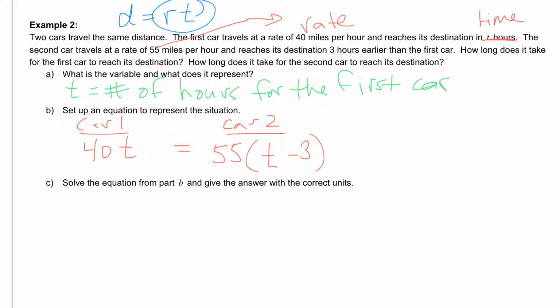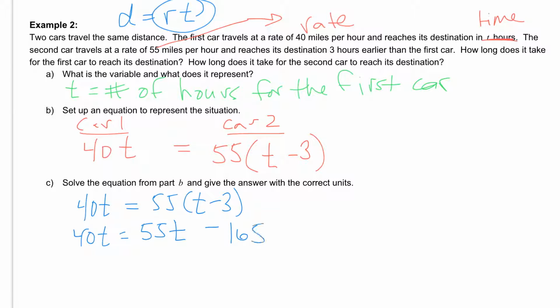Now we can go into letter C and solve our equation. We have 40t equal to 55 times (t minus 3). I'm going to distribute that 55 on the right-hand side to get 55t minus 165. Then I have my t's on opposite sides, so I have to get those together first.